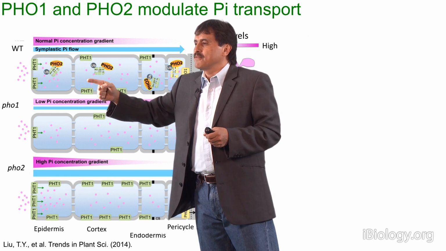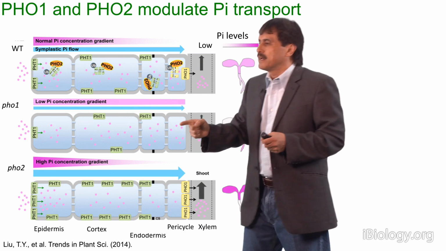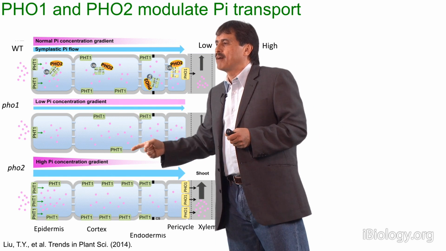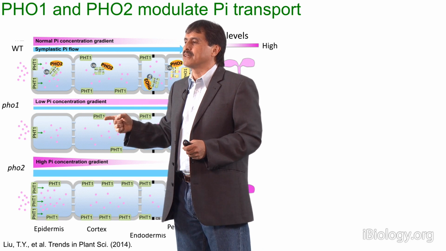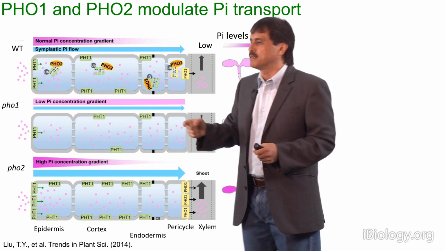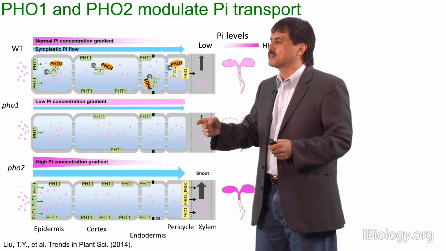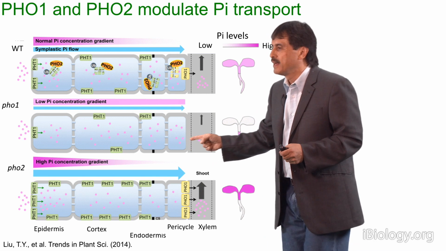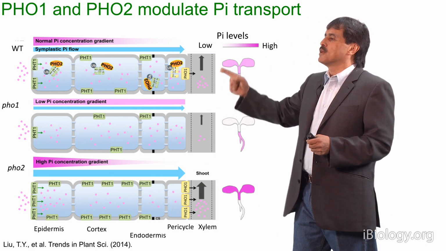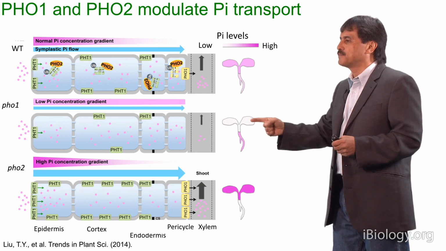When PHO1 is mutated, roots have normal amounts of phosphate because the other transporters are allowing the entry of phosphate into the root. But since we don't have the transporter in charge of transporting phosphate into the xylem, there is no transport to the shoot, so the shoot has low phosphate.